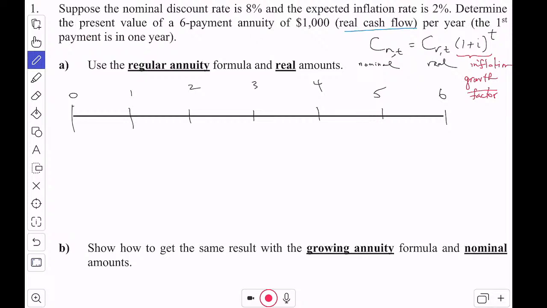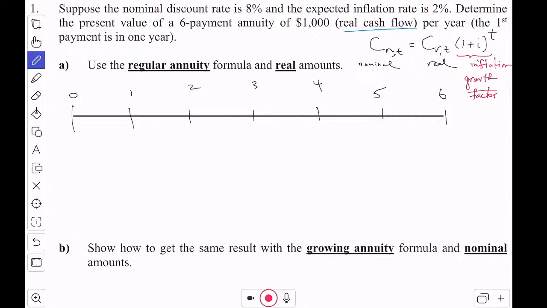All right. So they're going to be $1,000 real cash flow.